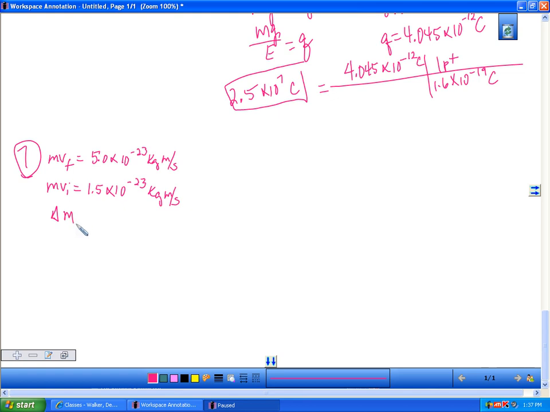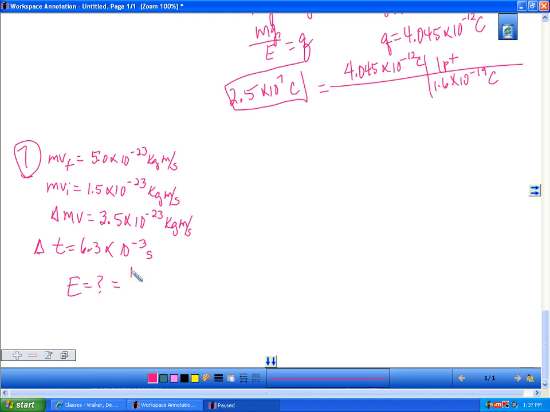Delta mv is going to be the difference between those two, which is 3.5 times 10 to the minus 23rd kilogram meters per second. And they want to know, it took 6.3 times 10 to the minus 3rd seconds to do that, and they want to know how big is the electric field.